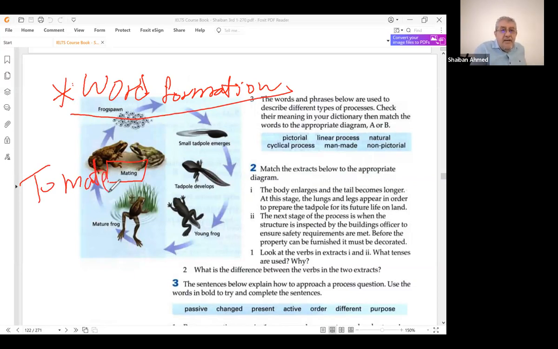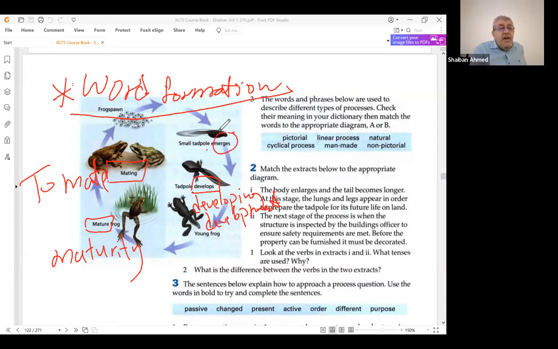Okay. Mature, you can say maturity. Develops, you can say developing or development. Emerges, you can say emerging, to emerge.